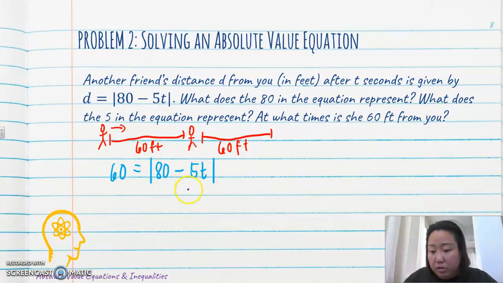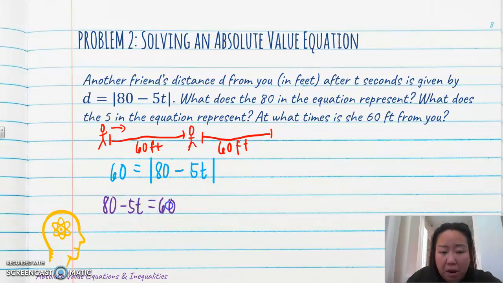Inside the absolute value symbol could either be a positive 60 or a negative 60. And so that is what we are going to equate this expression to. So 80 minus 5t could be equal to positive 60, or 80 minus 5t could also be equal to negative 60, okay?